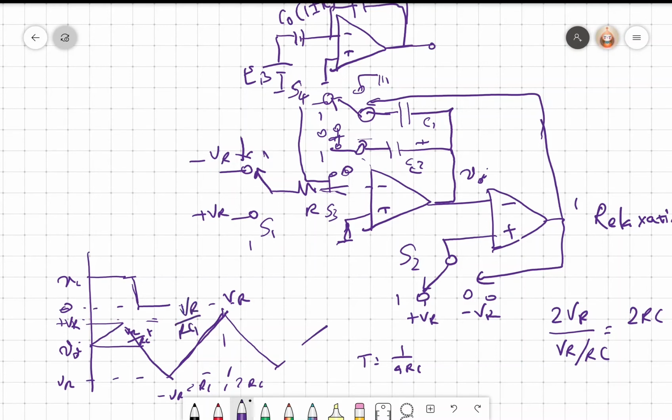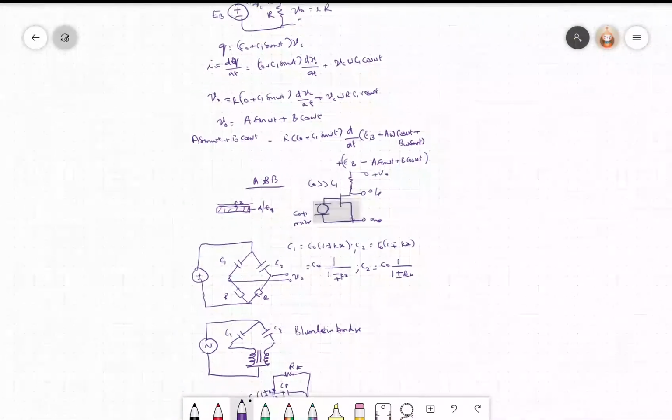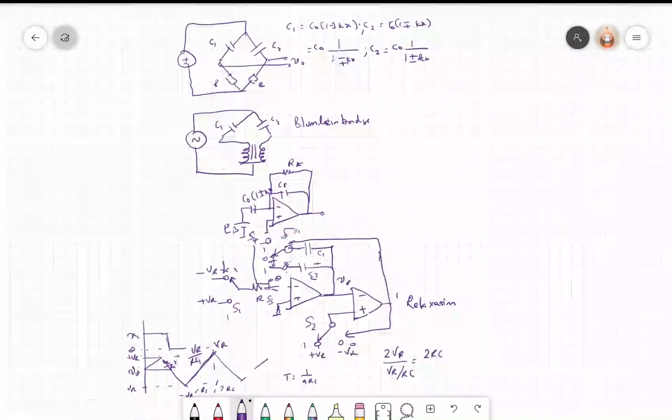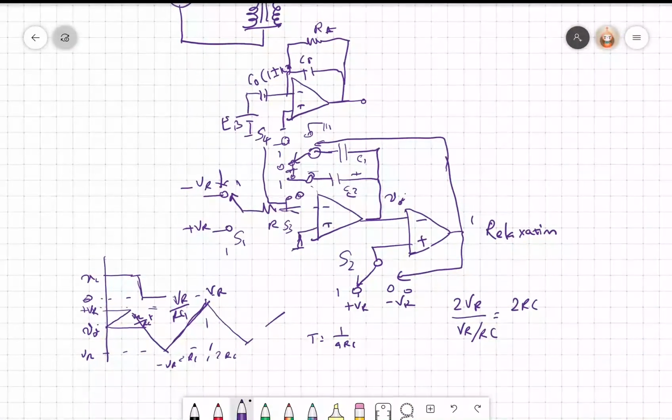When it changes over, now C2 is connected to the input and C1 is connected to ground, and hence we have VR by RC2.